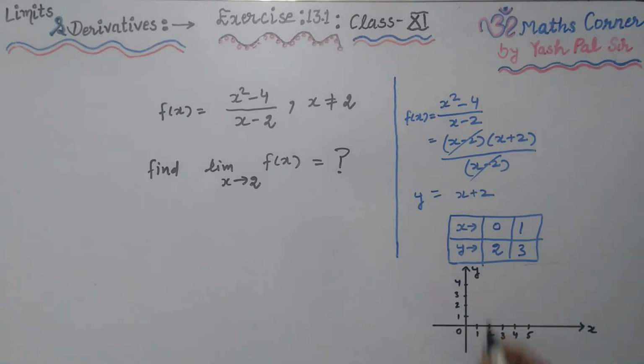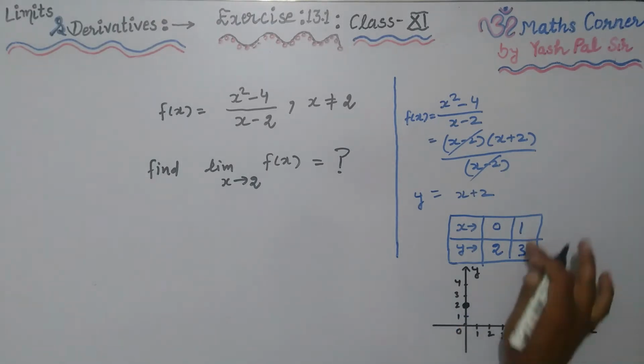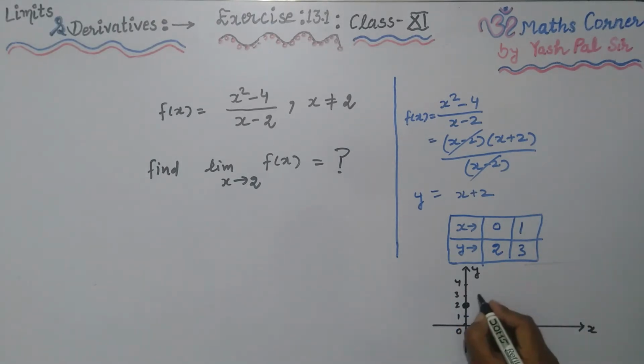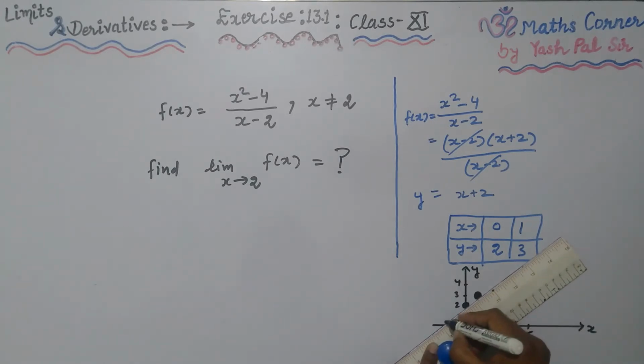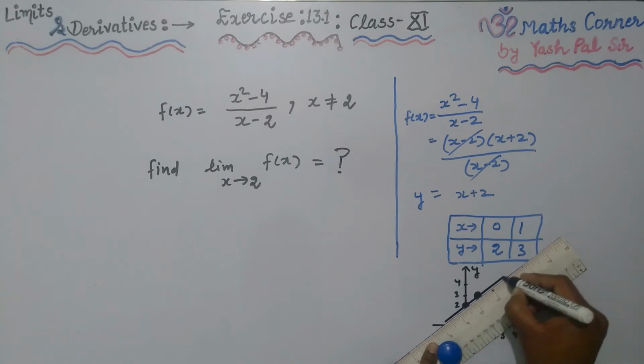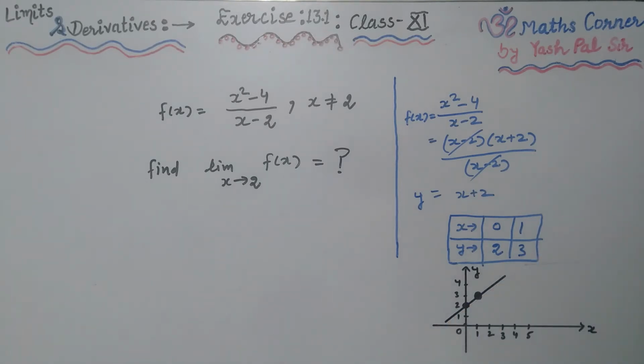When x is 0, then y is 2, that is this point. Similarly, when x is 1, then y is 3, so this point. Now joining these 2 points, we have the line. This is the line, this is the graph of this function.